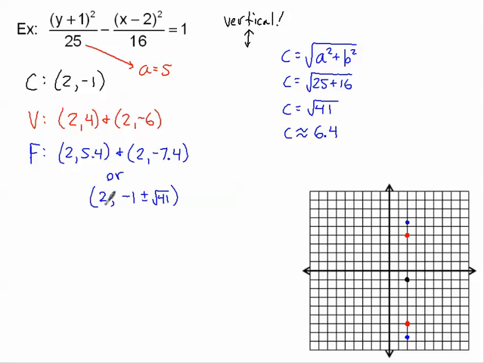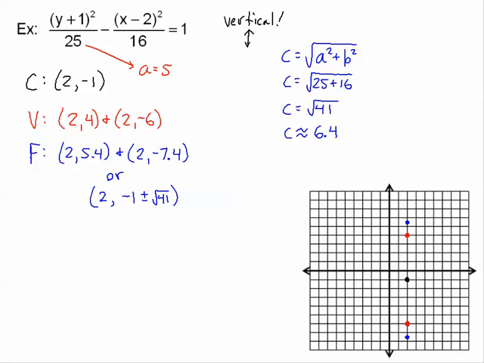Understand that, of course, the x-coordinate of the 2 focal points is 2, and then the y-coordinate is going to start with the negative 1, since that's what the center started with, and then we're adding or subtracting the exact value of c. So that's fine with me, either one, if you want to just count it out by approximation or if you want to use the exact value. As long as it's correct, that's fine with me.